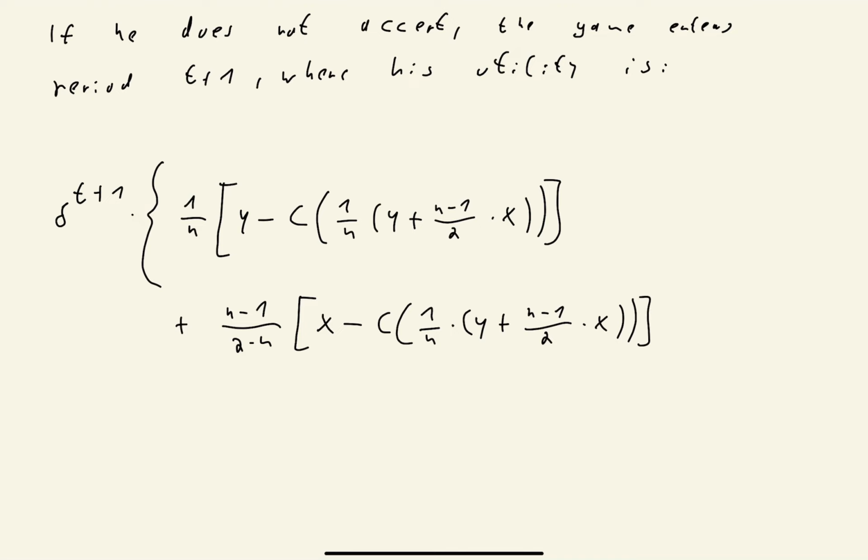And finally, he could not be part of the minimum winning coalition, which also has probability (n minus 1) divided by 2n. This is the third case, where he simply has to pay for the transfers to all members of the minimum winning coalition. So he only has costs and no benefit.